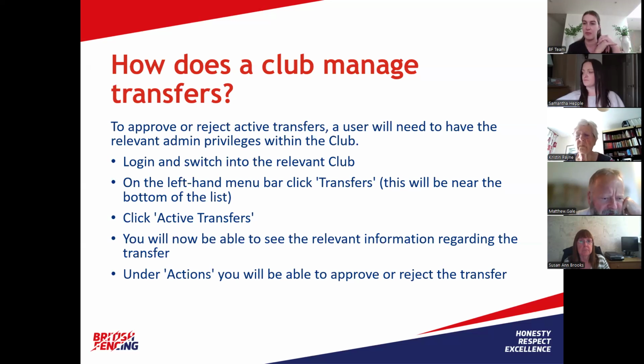It's near the bottom. Can you show that? Oh, I see it. I have it. Thank you. Click that, and then it will come up with active transfers. Click active transfers, and then it will guide you there. Brilliant. Thank you. No worries.